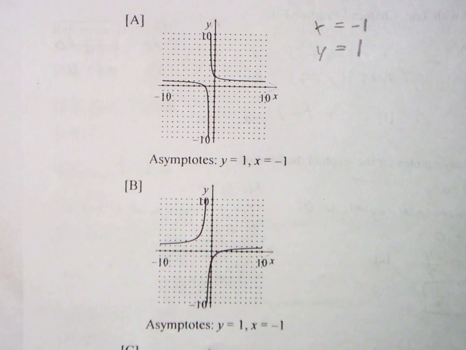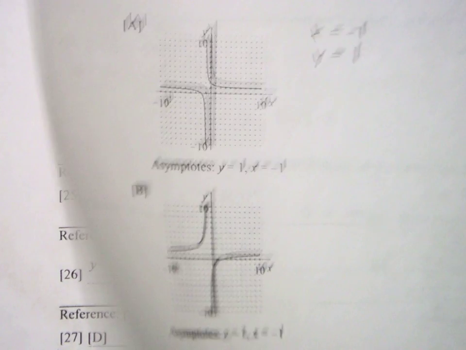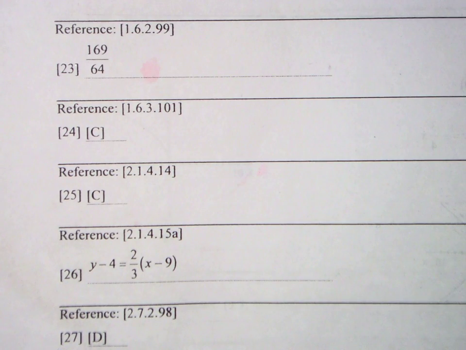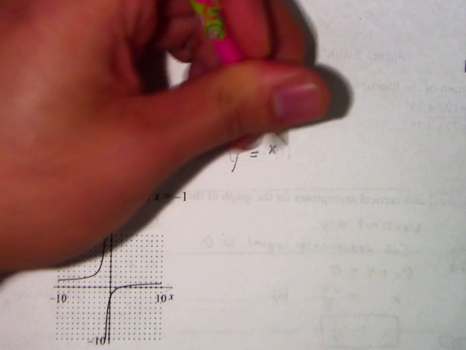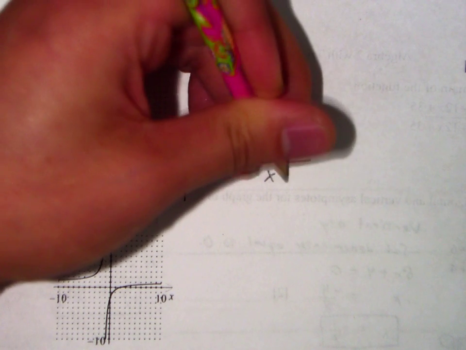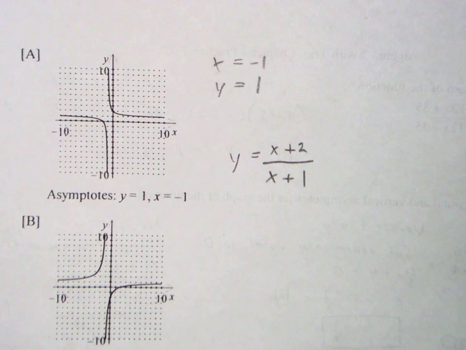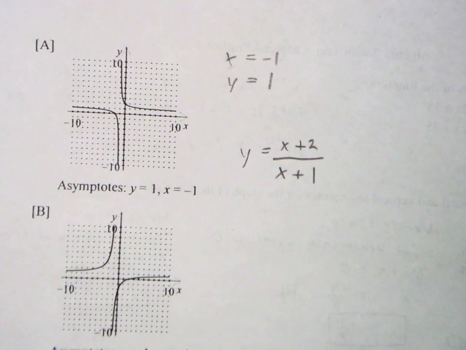The best thing I can do is let's just go ahead and pick one of the points from the original equation. Again, the original equation, let me take a look, was x plus 2 over x plus 1. So again, I have this equation. So let's go ahead and see what would happen if x was 0.